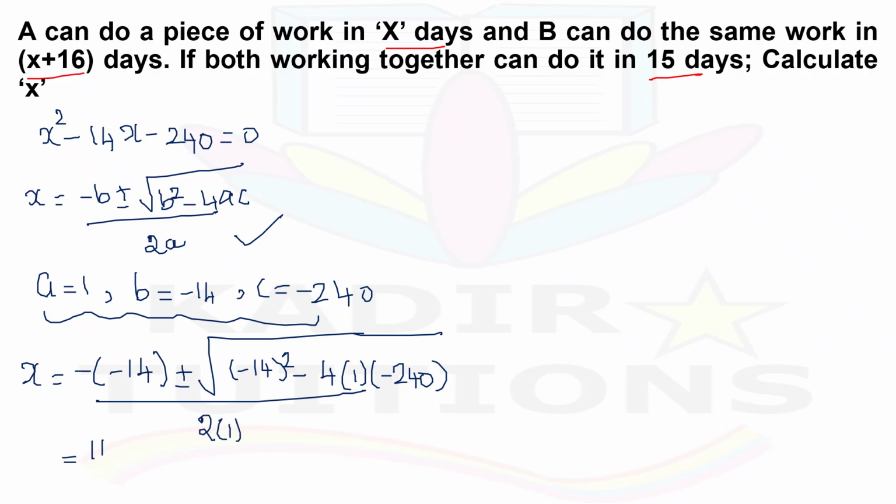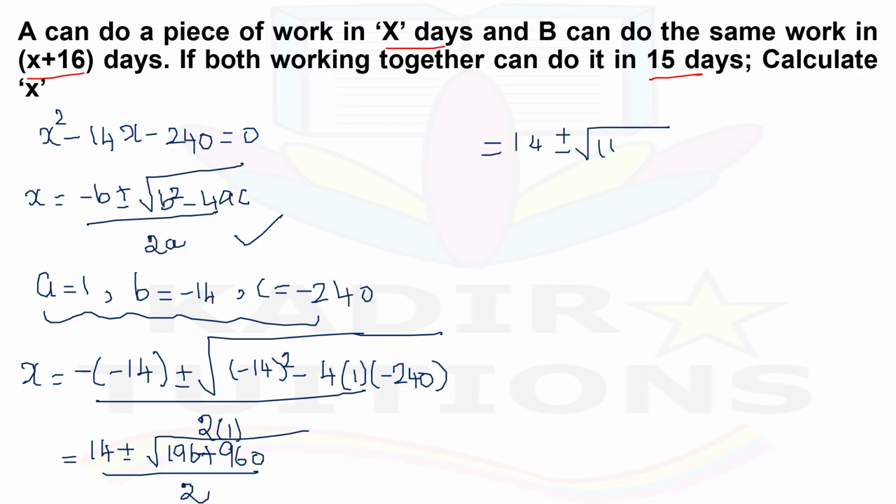This is going to be plus 14 plus or minus, and in the square root, 14 into 14 is 196, and minus into minus will be plus, 240 into 4 is 960, divided by 2. So now 14 plus or minus, and 196 plus 960 is going to be 1156. We need to divide this by 2, and then simplify the square root of 1156.